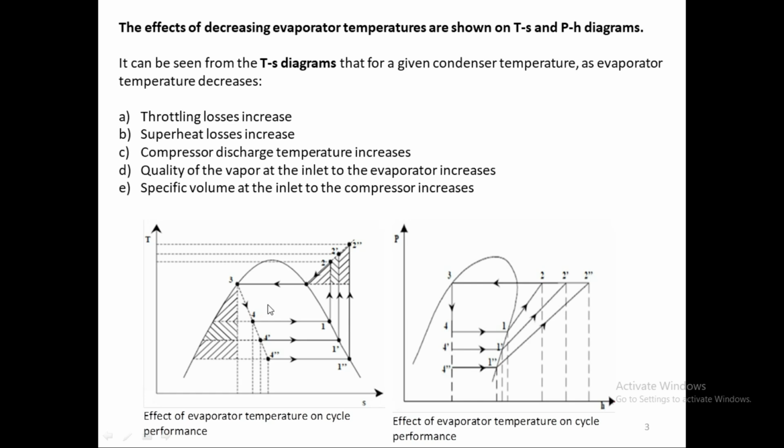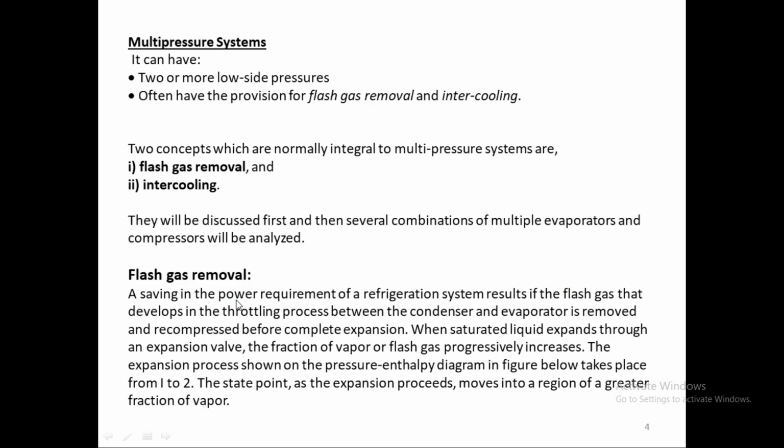We want to introduce probably one more device. We are going to work with 2 different ideas here. See, when we are modifying our simple system to a multi-pressure system, then 2 or more low side pressures may be there.